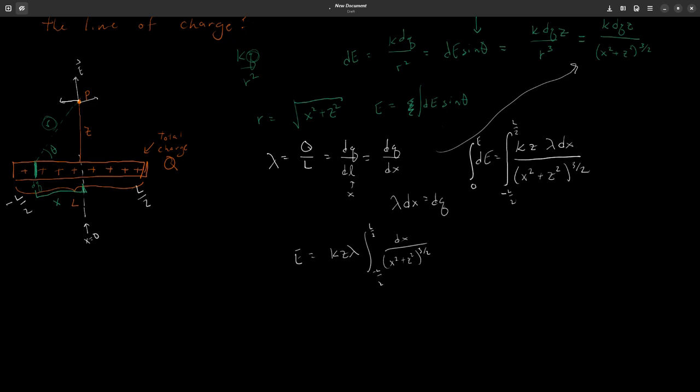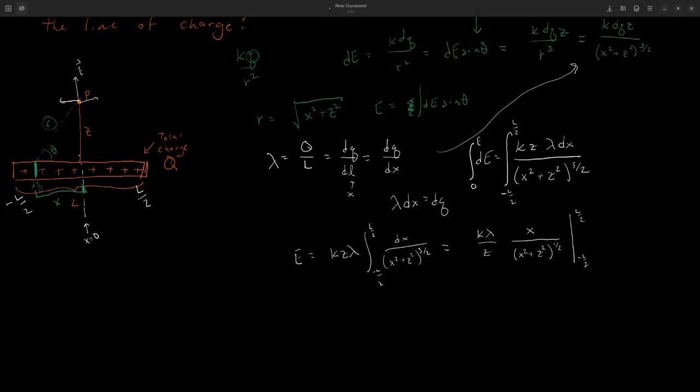Now you should know how to integrate this already, and if you don't, I will refer you to your calculus book. But basically, you're going to end up with k lambda over z times x over x squared plus z squared to the 1/2 power, evaluated from minus L over 2 to L over 2.